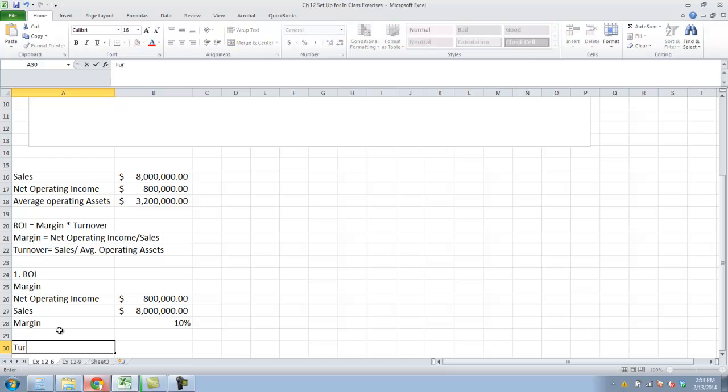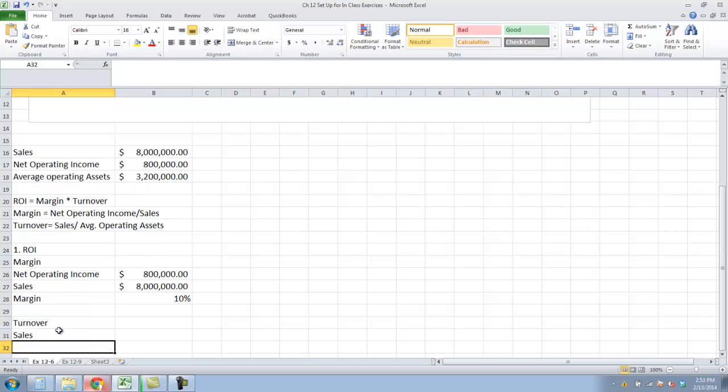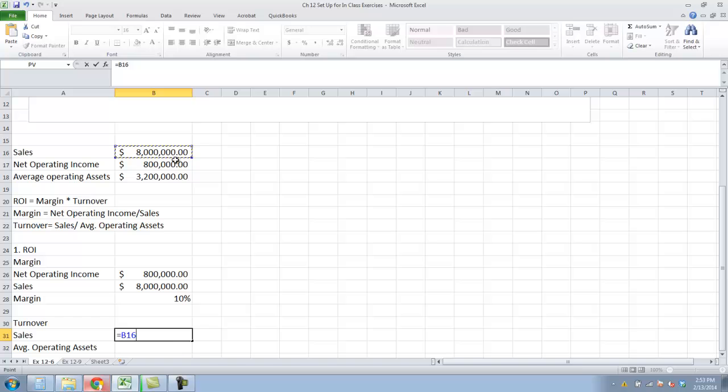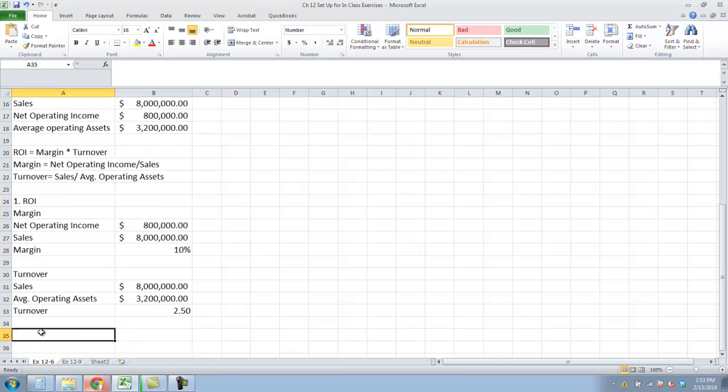So then turnover equals sales divided by average operating assets. So we have $8 million in sales. Our average operating assets are 3.2 million. So our turnover equals, and we'll increase the decimal points.